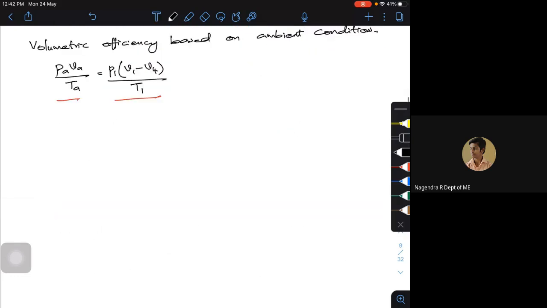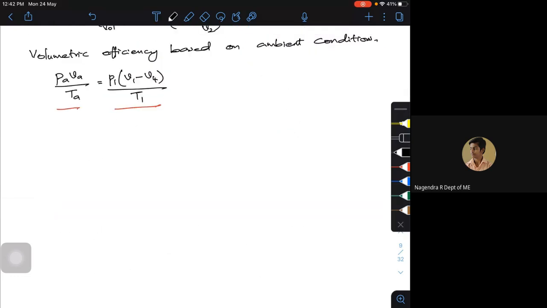Now if I write the expression for VA, VA is equal to P1 into V1 minus V4 divided by T1, into, by cross multiplication, TA by PA.